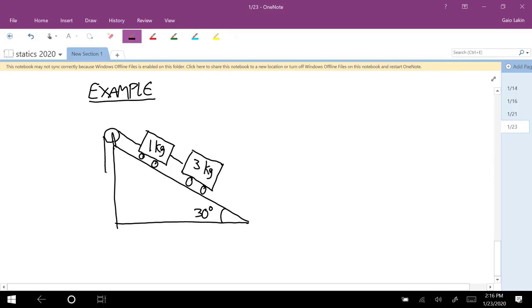And then the cable is attached to a mast that's hanging. Oh, no, this isn't a mast. Don't draw that. This is connected to the ground. Okay.